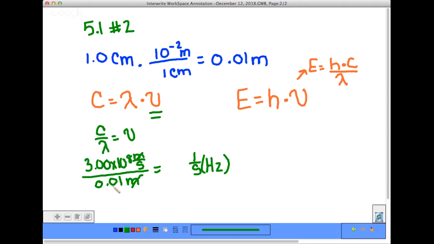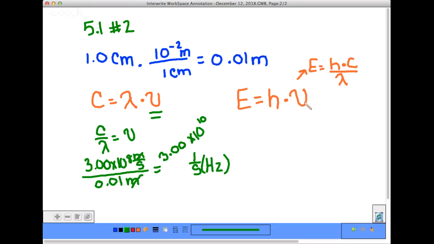Plug this into your calculator. Make sure you guys are comfortable using your exponent button on your calculator. One of the reasons I suggest at the beginning of the year that you get your own calculator is because all calculators are slightly different and the exponent button looks different on all of them. So this ends up being 3.00 times 10 to the 10th, and again, that's inverse seconds or hertz.